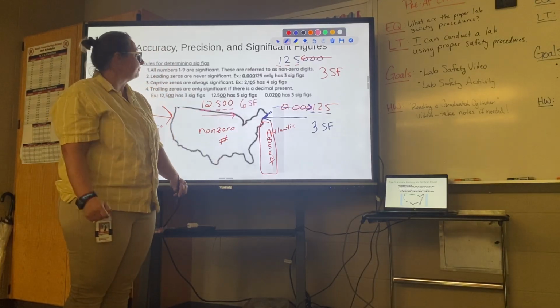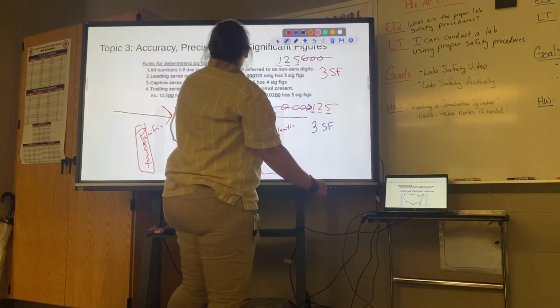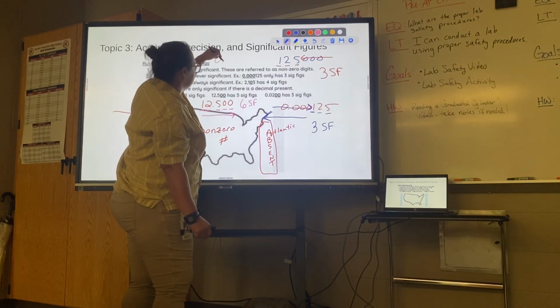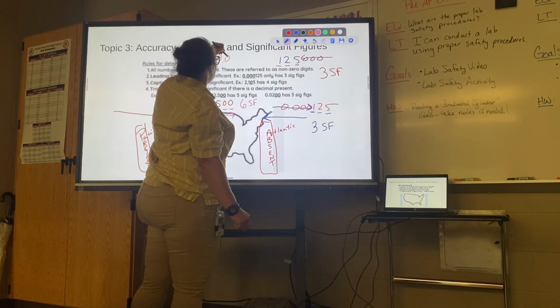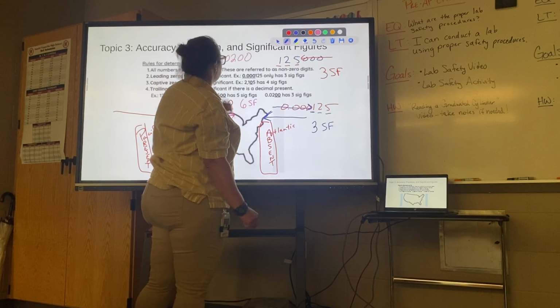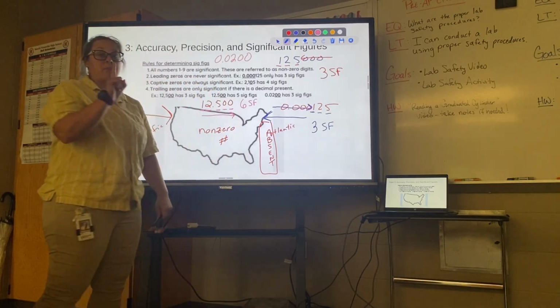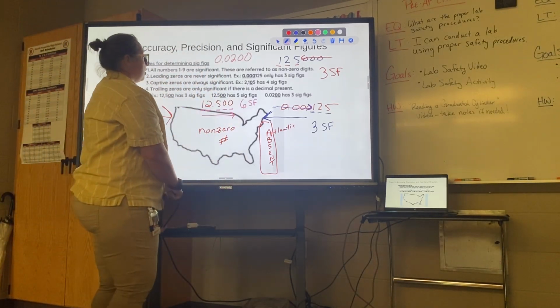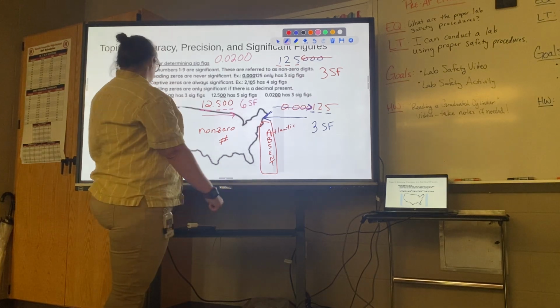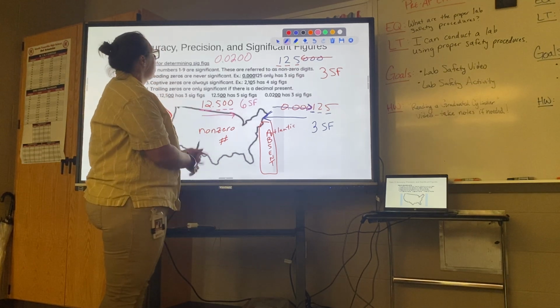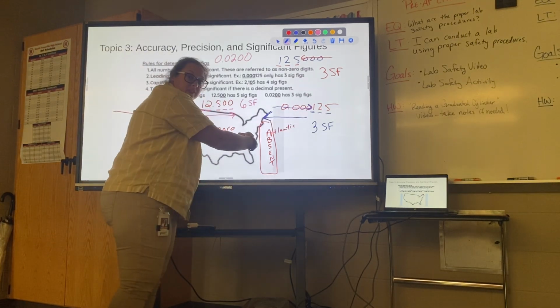Let's do one more. I'm going to write this up here: 0.0200. Step 1, analyze. Do I have a decimal present or a decimal absent?